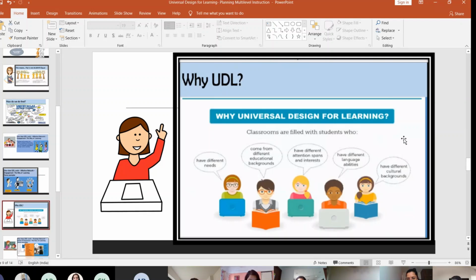They have different cultural backgrounds. Definitely we all come from different cultural backgrounds, so we need to look along these lines and understand how we can modify our learning design and make it more effective for teaching the different learners of our classroom.